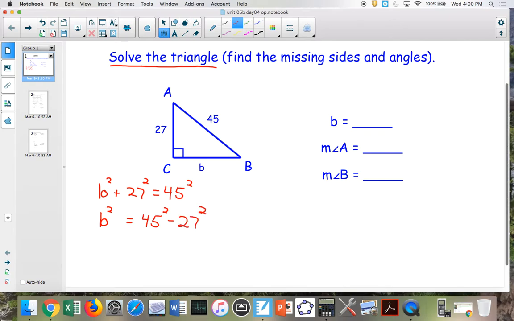And then after I punch that in on my calculator, I'll have what b squared equals. So to find b, I need to take the square root of that answer. So I'm just going to punch all that into my calculator at once.